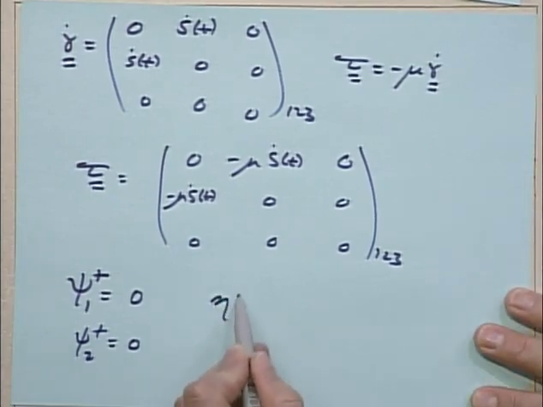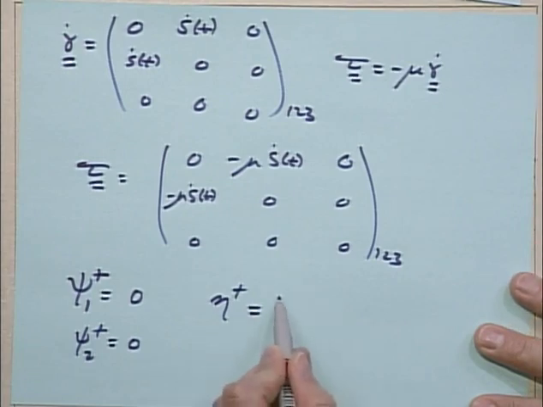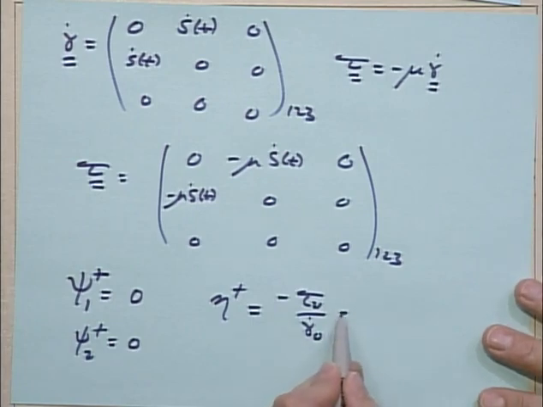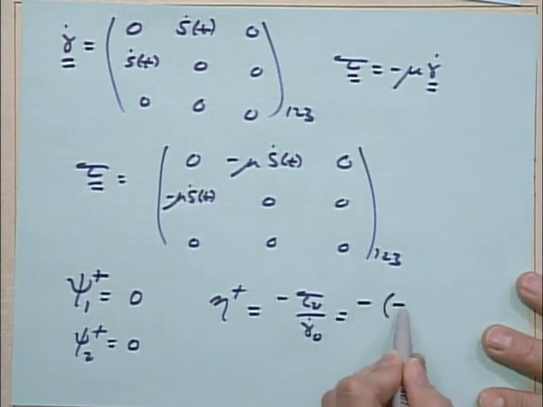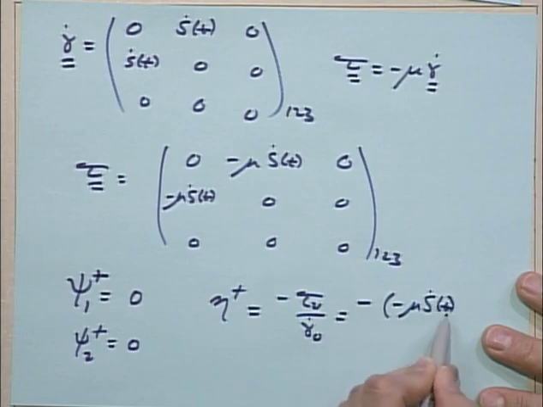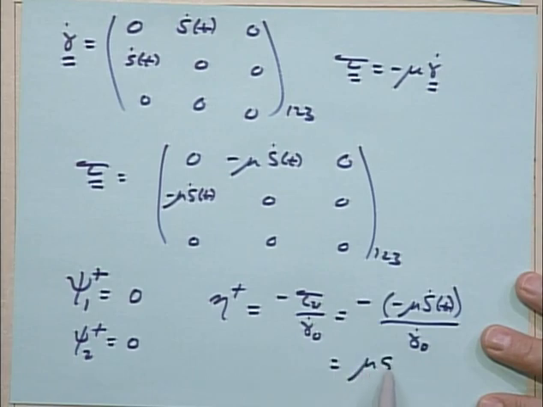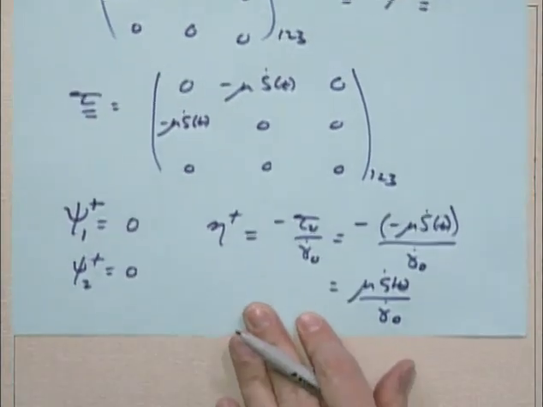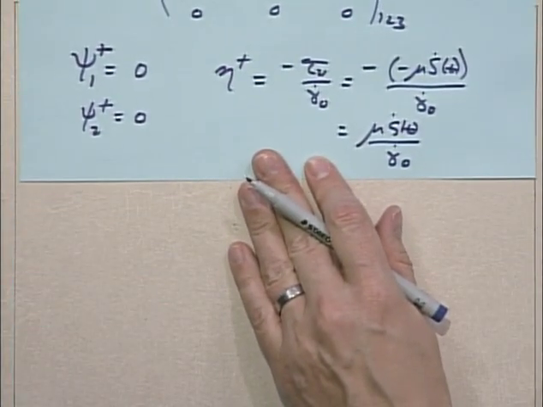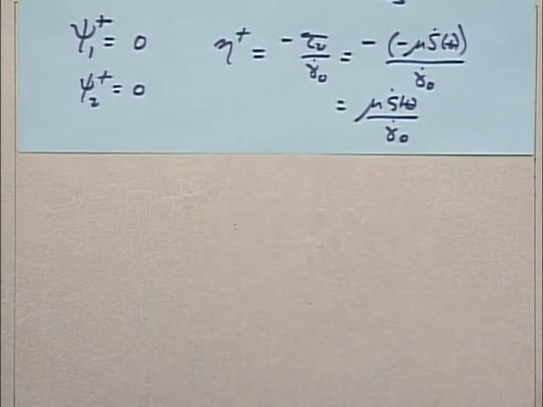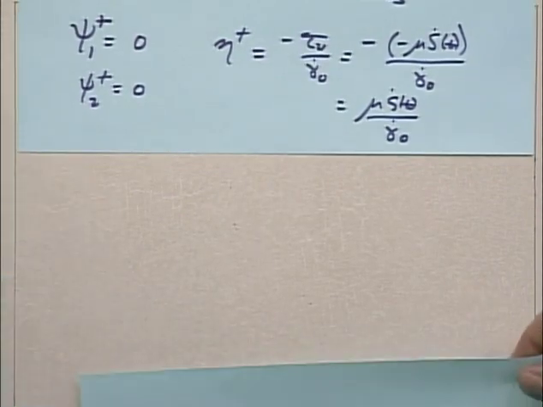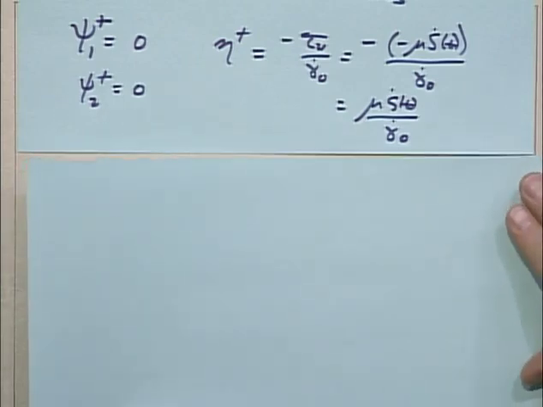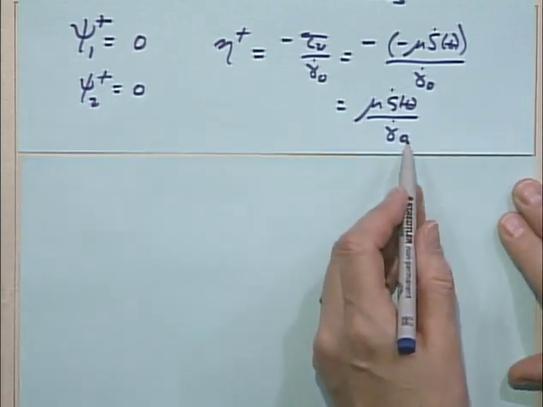But what about eta plus? The definition is minus tau 2,1 over gamma dot naught. So it's minus mu sigma dot of t over gamma dot naught, with the sign of the stress canceling. Well, sigma dot of t is a function we know.